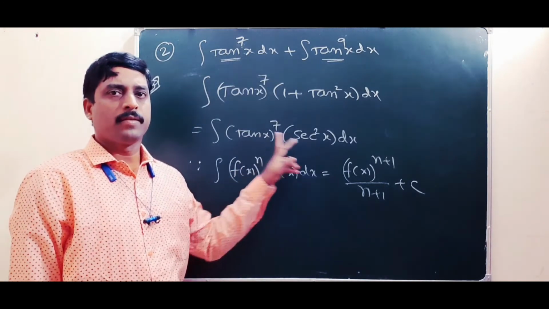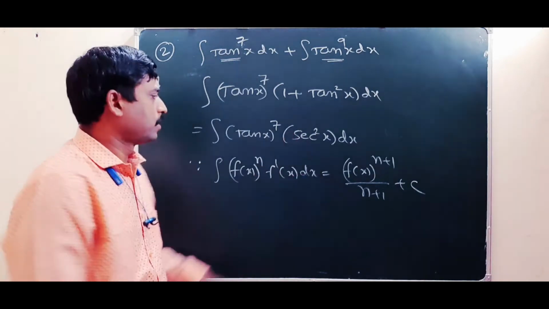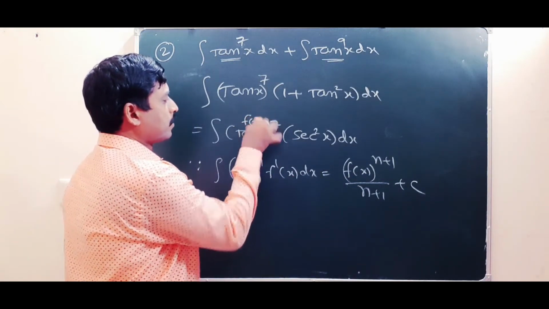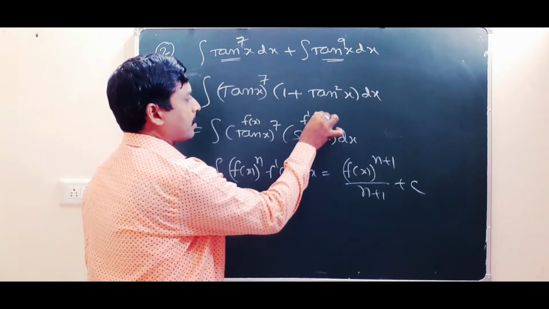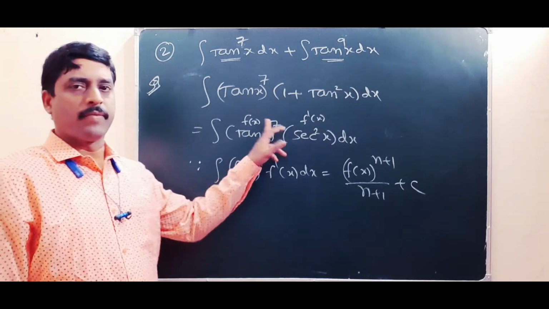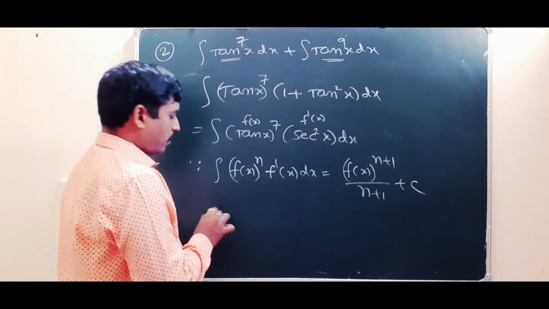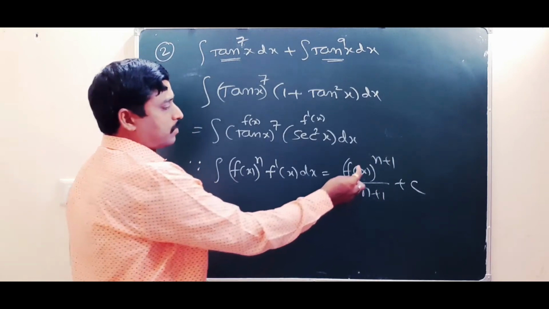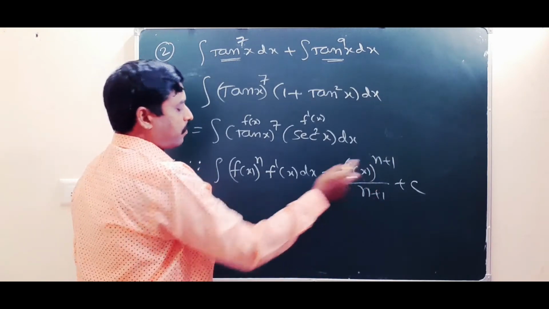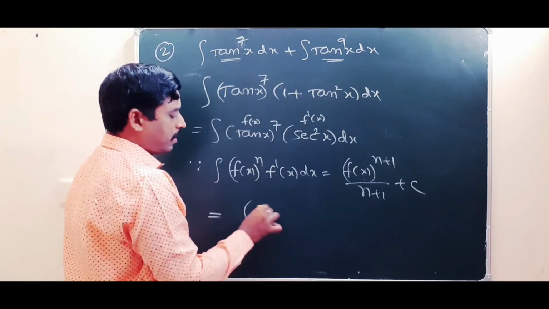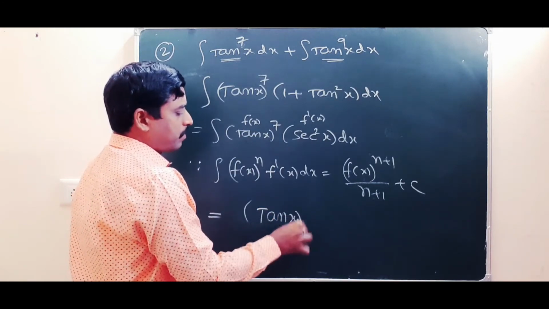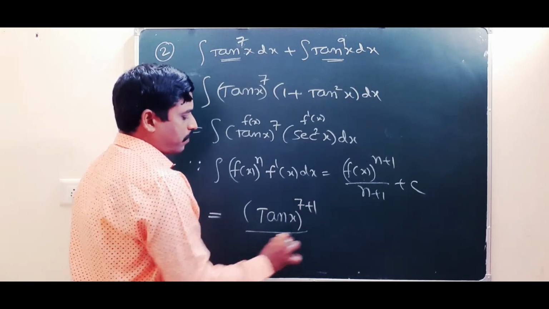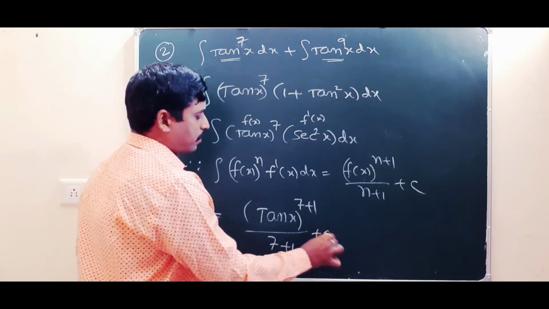The derivative of tan x is secant square x, so secant square x is f dash x, and n value is 7. So we should write tan x to the power 7 plus 1, by 7 plus 1, plus c. This is the answer.